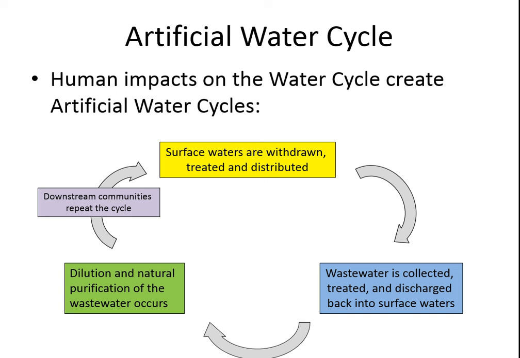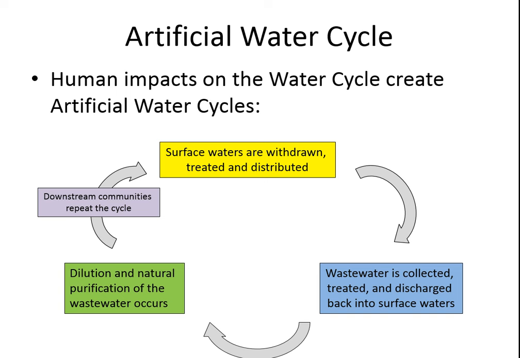So we start with surface waters being withdrawn and treated, and then those waters can be distributed to homes and businesses. As that water gets used, it's then going to be returned through a wastewater collection process where it gets treated and then discharged back into those surface waters.